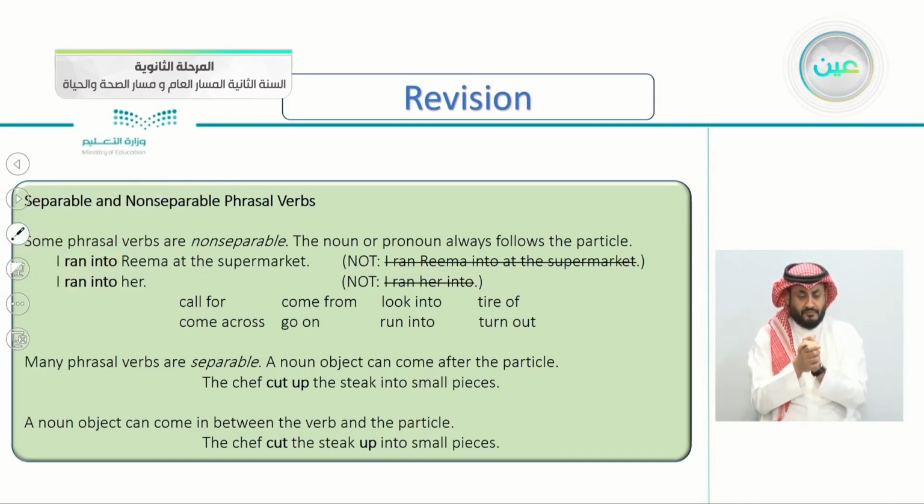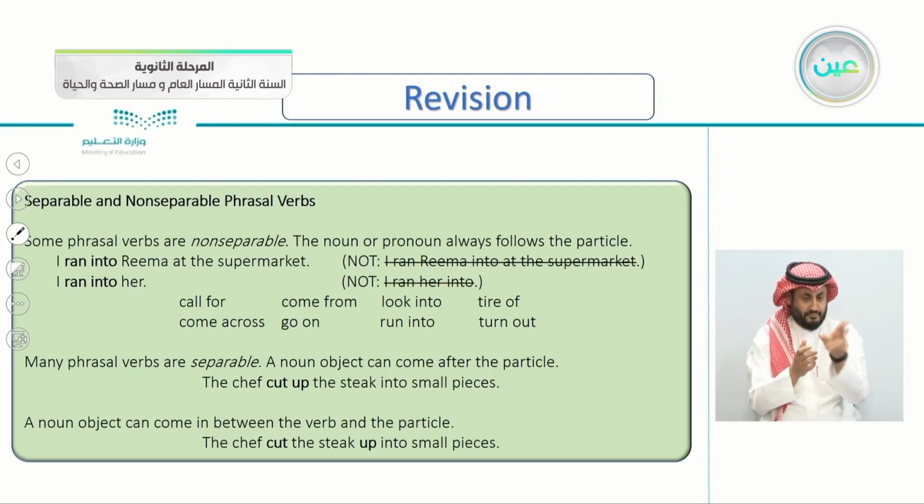For example, here I say I ran into Rima. You don't say I ran Rima into. You say I ran into Rima. You can't separate ran and into. You say also I ran into her. You don't say I ran her into, so you cannot separate ran into.